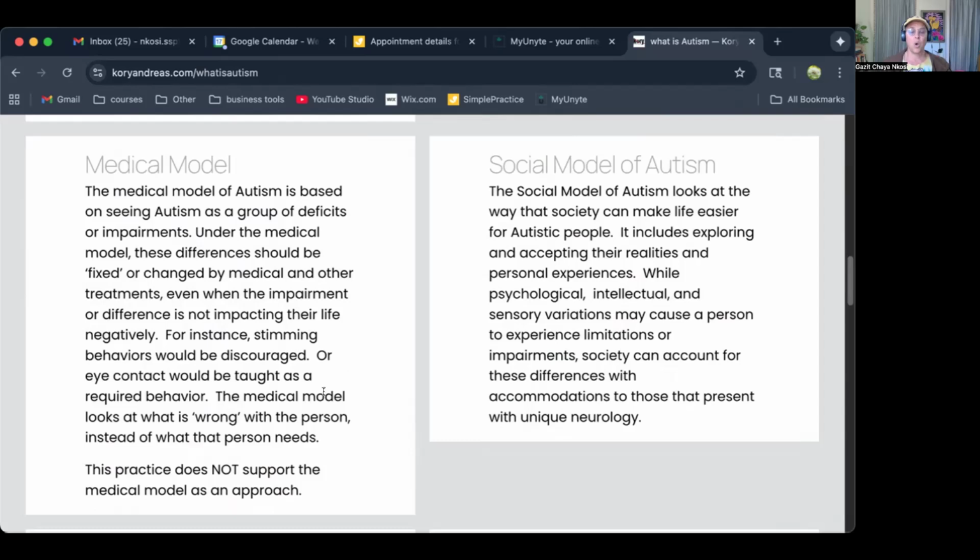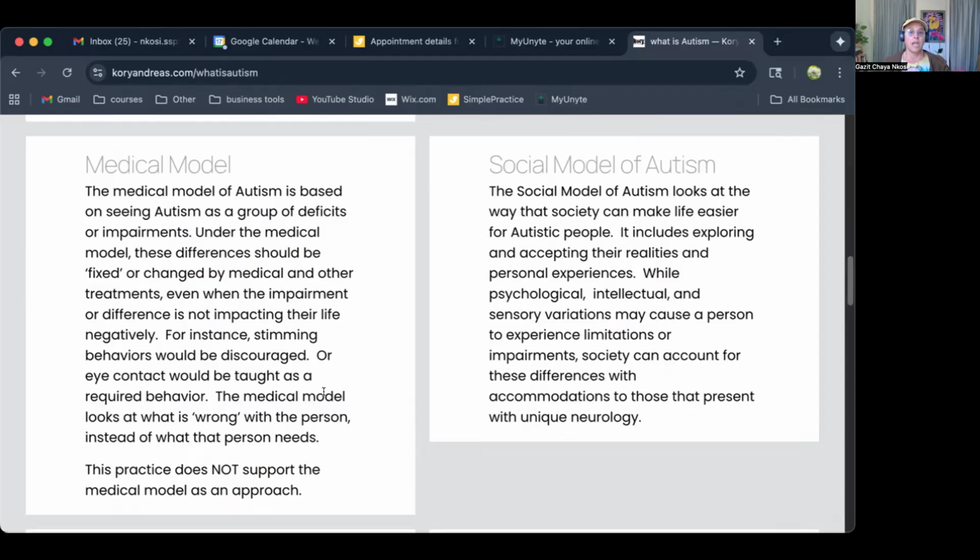So, in contrast to the medical model is the social model. And this is the model that I use when I think about autism, and this is also the model that she uses. The social model of autism looks at how we as a society can make life easier for autistic people.